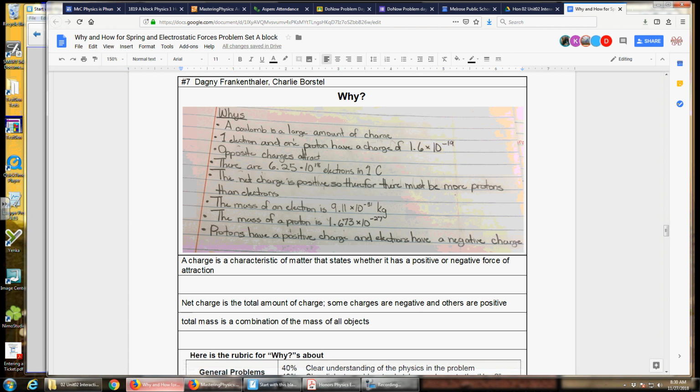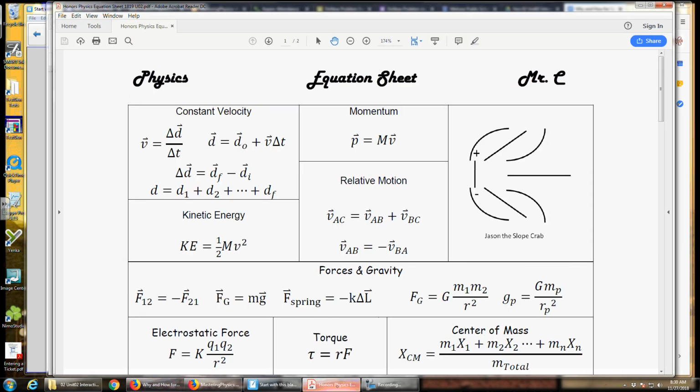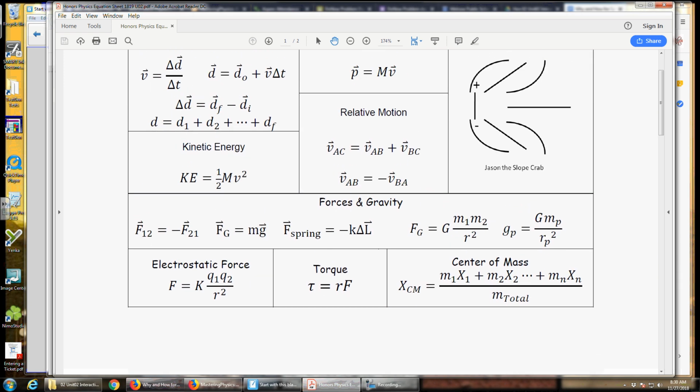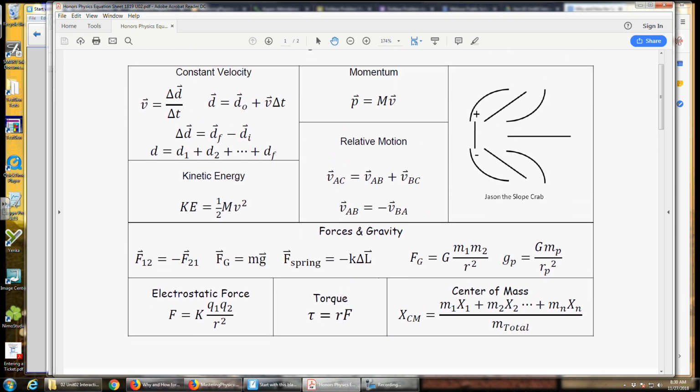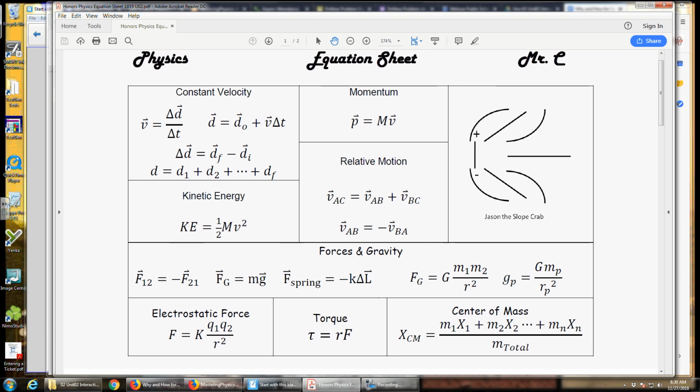All right. So in this one, there really isn't any equations that we need because we're not talking about things interacting.